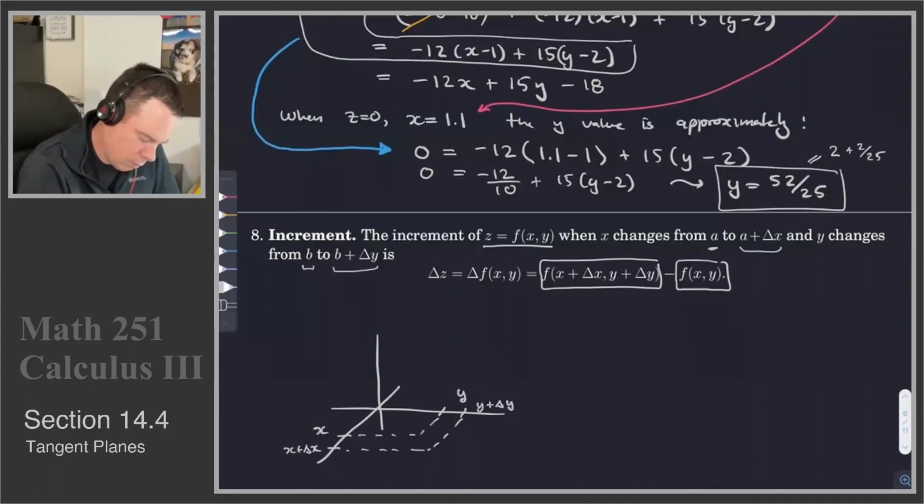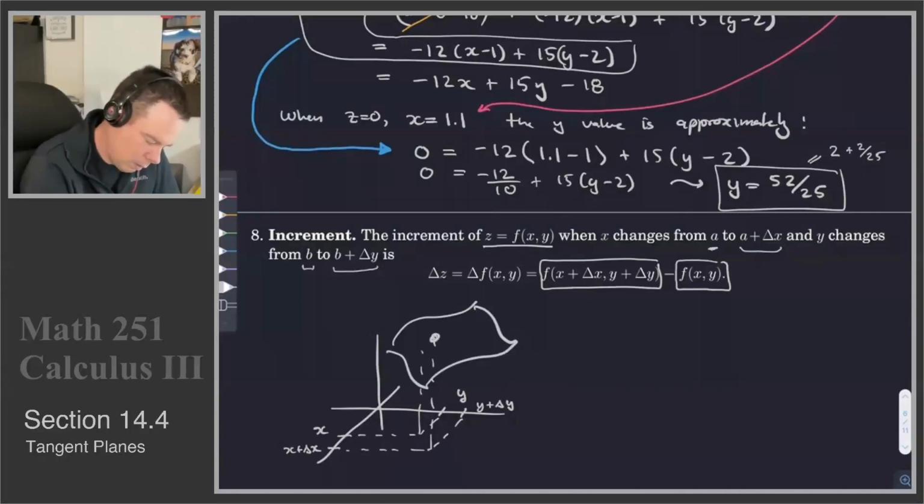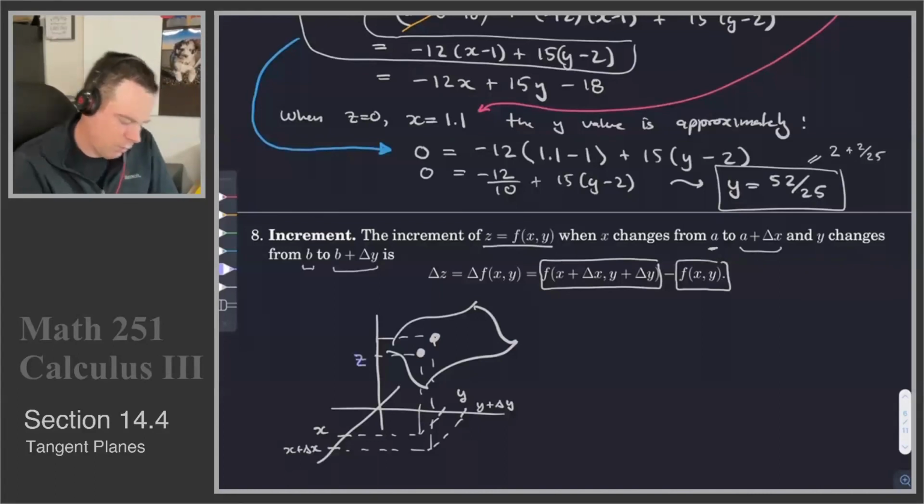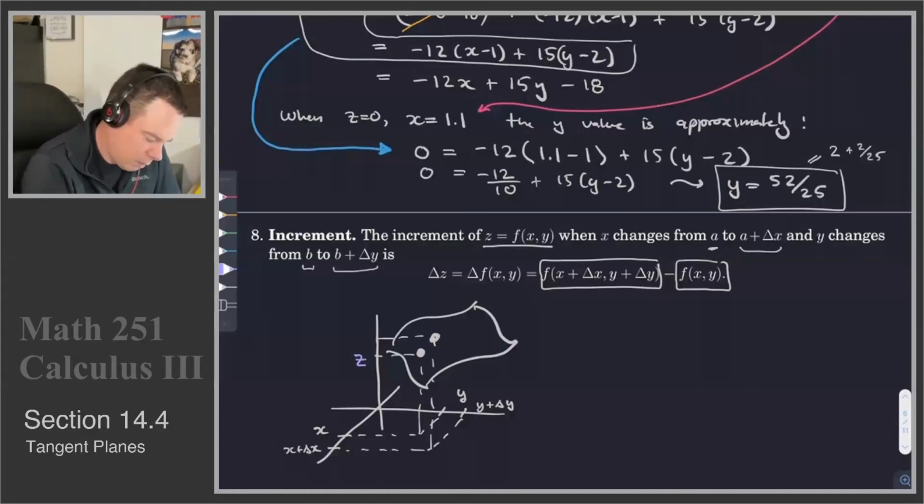And I want to know up on my surface, there are the 2 points in question. So this first one is my z value that I'm starting at. And then the next value is what I get when I move a little bit away. So this is going to be our z plus delta z.